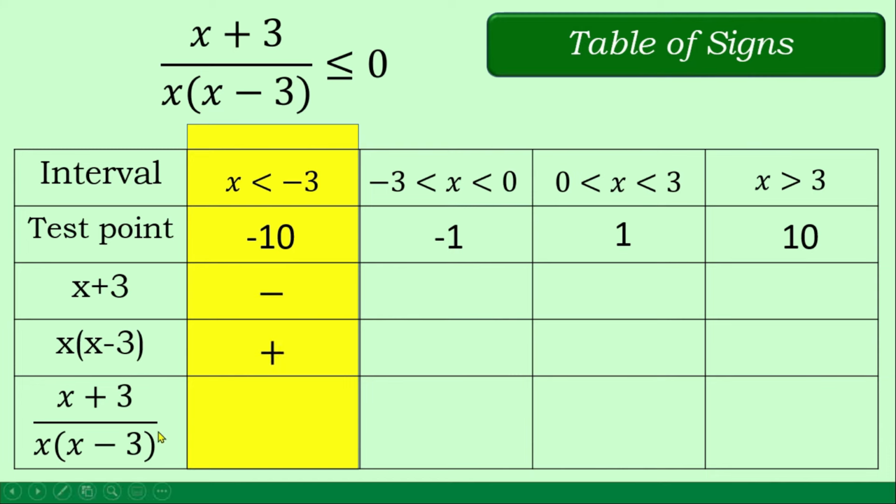So again, for the last one right here, we will simply divide our sign. So we have negative divided by positive. Again, that's negative divided by positive will give you a negative answer. How about for the next column? We have negative 1. Let's substitute that here. Negative 1 plus 3 will give you a positive answer.